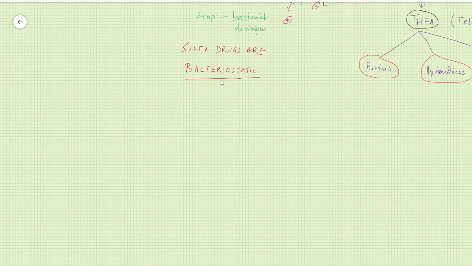Okay, so what the bacteriostatic drug does is it permits or it allows the normal phagocytic and the immune pathway to clear the infection, to clear the remaining bacteria.